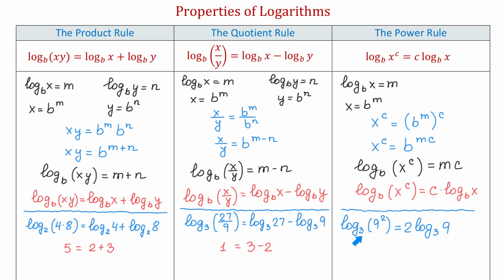Then 3 to what power makes 81? That would be 4. So the left side is 4. On the right side, we will bring down 2 times. And now 3 to what power makes 9? That would be 2. Then we will multiply 2 by 2, and 2 times 2 makes 4.